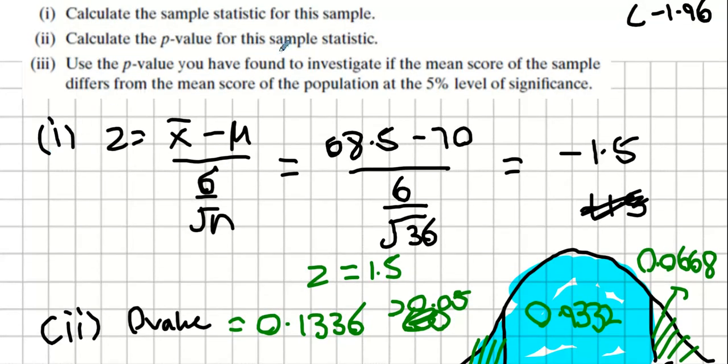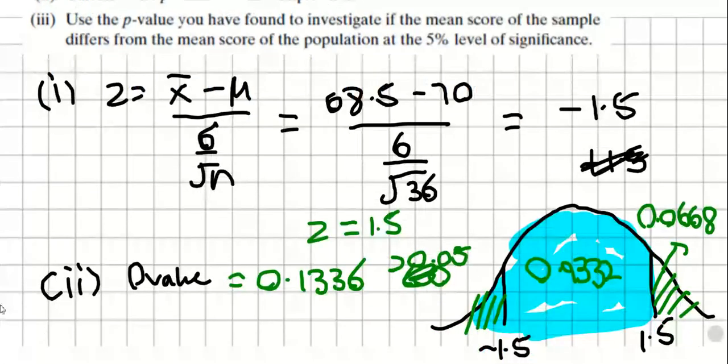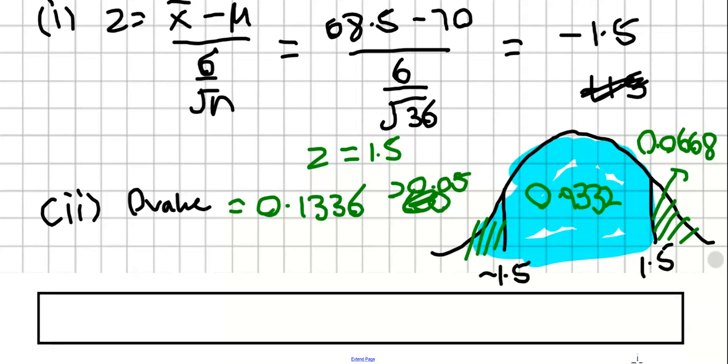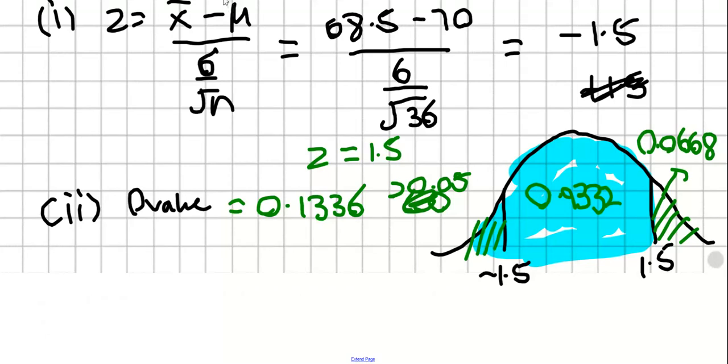Part 3. Use the p-value you have found to investigate whether the mean score of the sample differs from the mean score of the population at the 5% level of significance. It's quite an easy one to do. It doesn't say use a hypothesis test, so I think we're good without using H0 and H1.